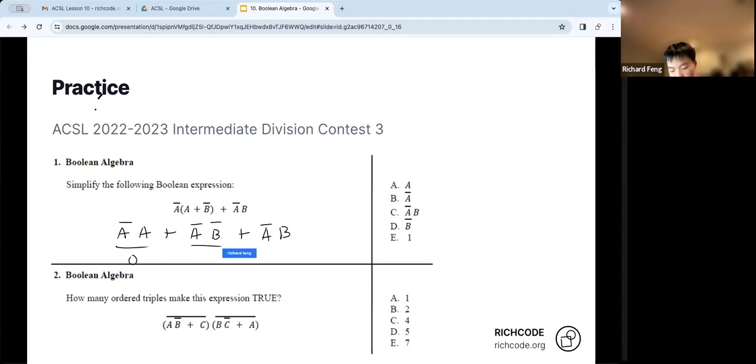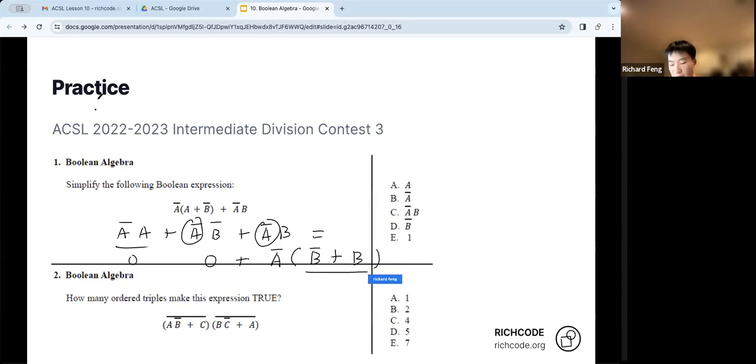And then the next two terms, at first it may seem like we can't really simplify them anymore, but you'll notice not A is common in both of them. So let's go ahead and factor that out. So this is 0 from the first term, or not A and (not B or B).